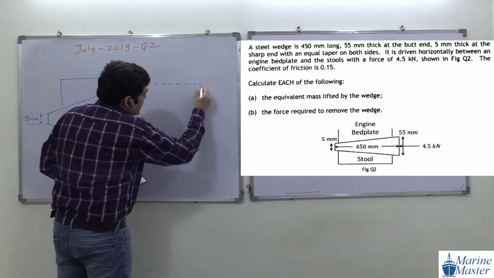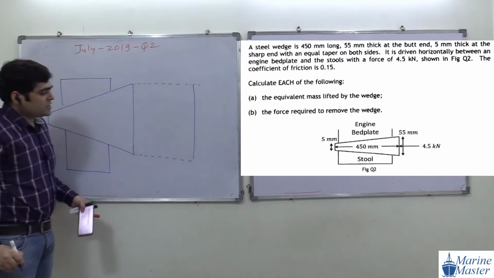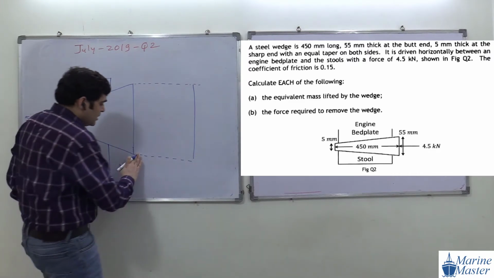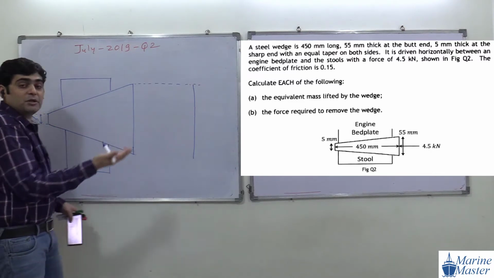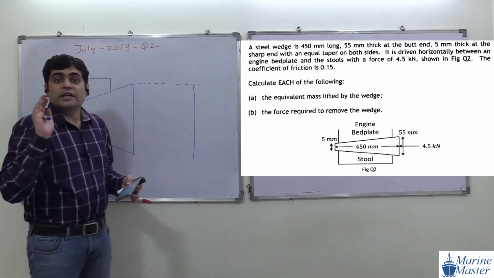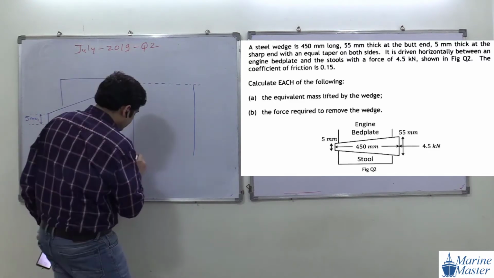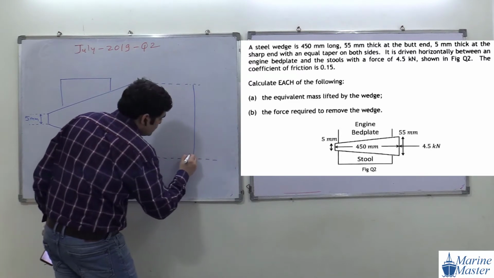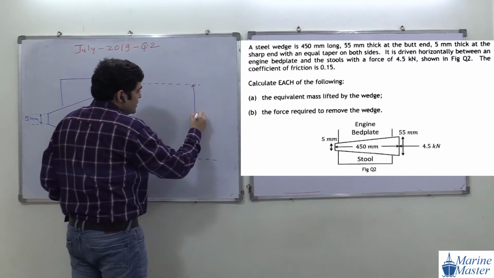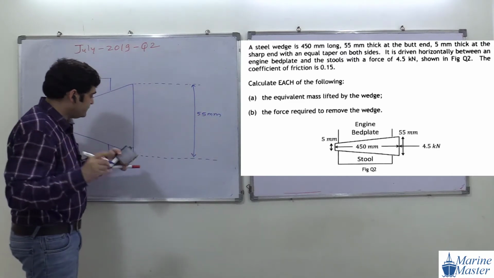How much is the butt end? 55 mm. And guys, this drawing is not to scale. Otherwise you will say, sir, this 5 mm is bigger. So initially I am saying this drawing is not to scale. So this will be 55 mm. Check it, everyone.